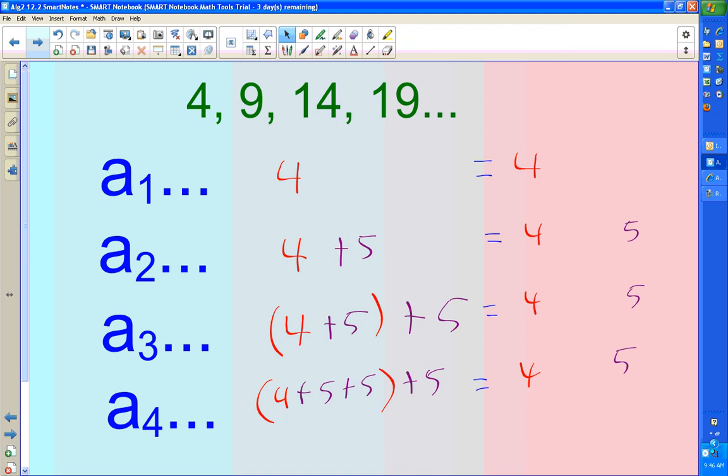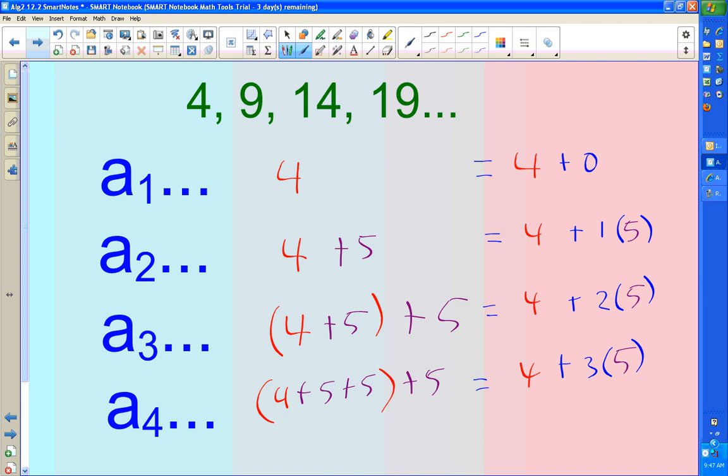And if you break this down and we look at how many 5s are in the fourth term, there's 3 5s. 2 5s in the third term, and 1 5 in the second. And we're adding those. And technically we could say that there's 0 5s being added in that first term.